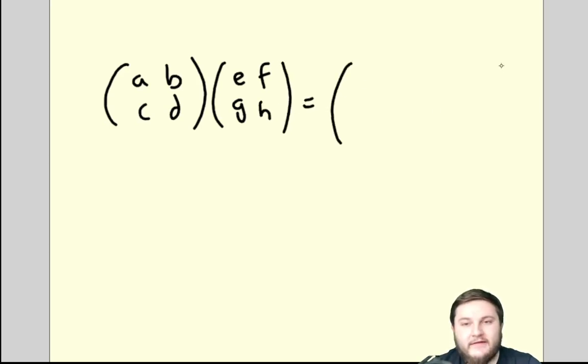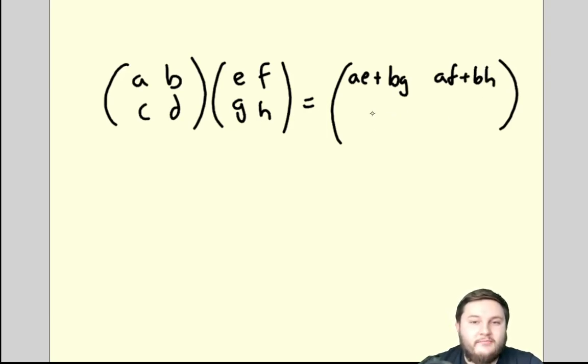Then the answer is going to be AE plus BG, and then this top right one here is going to be AF plus BH. This bottom left one is going to be CE plus DG, and then this last one is going to be CF plus DH, like that.